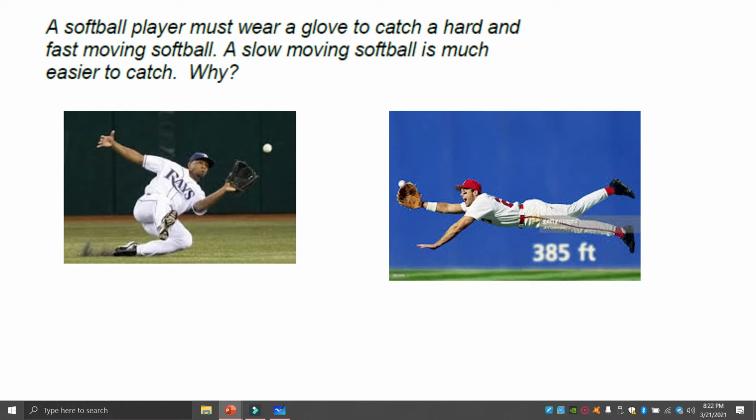Let's say in the exam they ask you, what is the meaning of momentum? Momentum is mass multiplied by velocity.